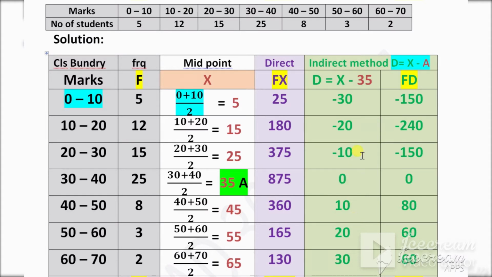These are the deviations, or the d values. But we have to find fd for the formula, so first multiply f with d. So 5 times negative 30 is negative 150, 12 times negative 20 is negative 240, 15 times negative 10 is negative 150. 0 multiplied by any number is 0, and this way we get the products fd.